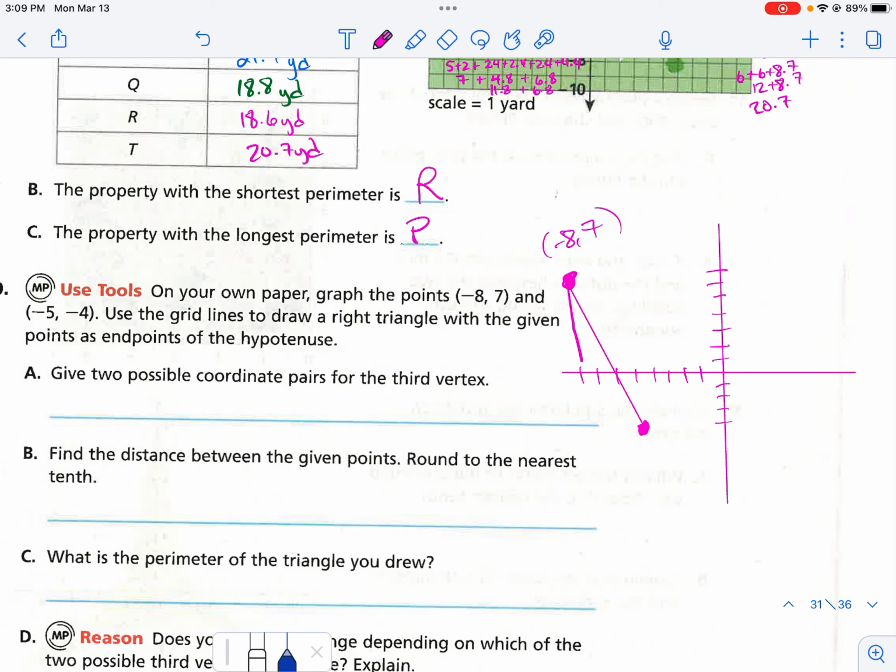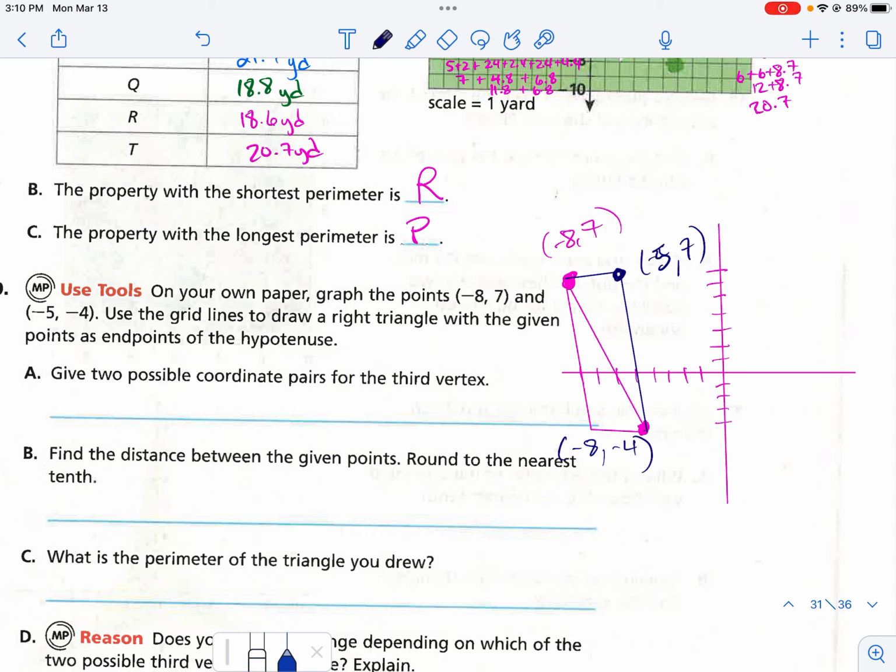Okay, and then I come straight down. I could have gone this way, or I could have gone this way. So this point right here would have been -5, 7, or this point down here could have been -8, -4.